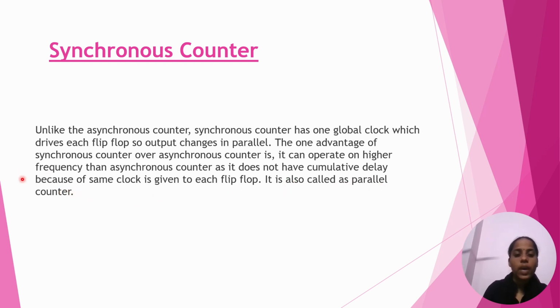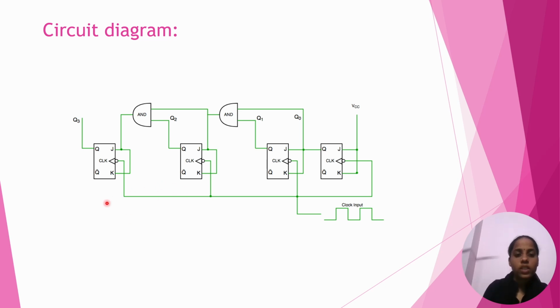It is called a parallel counter. The asynchronous counter is also called a serial counter, but the synchronous counter is called a parallel counter.